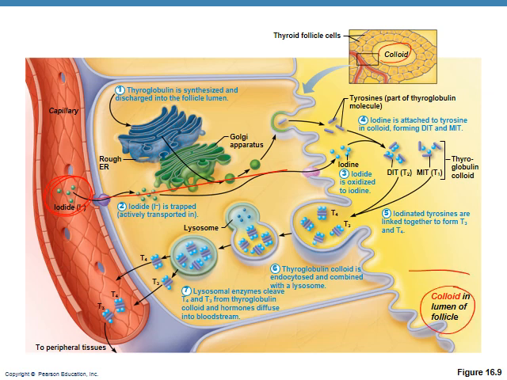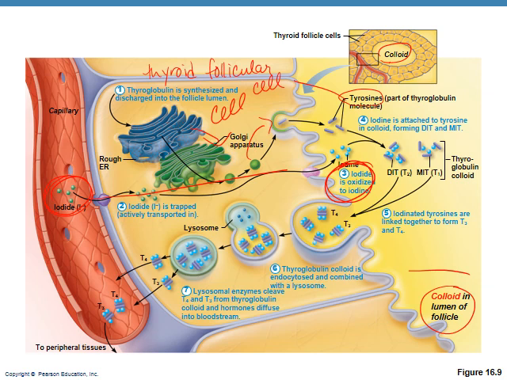This is the colloid. The cell is going to make a protein, package that protein, and ship it into the colloid. And so here we see tyrosines. If I had to label this, this is the thyroid follicular cell. That's what makes the tyrosine.